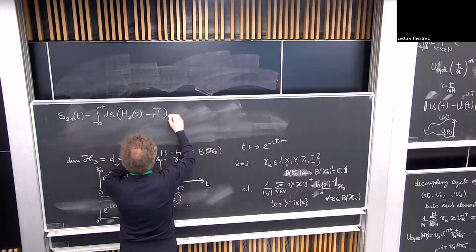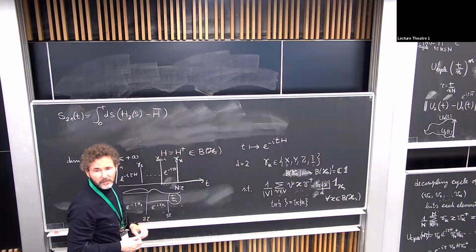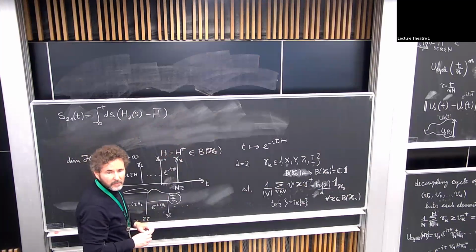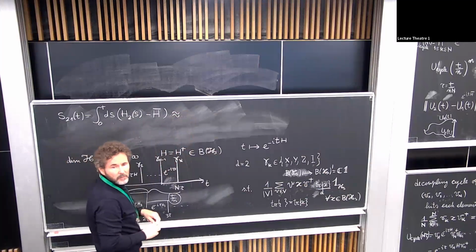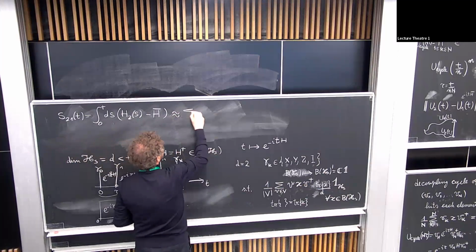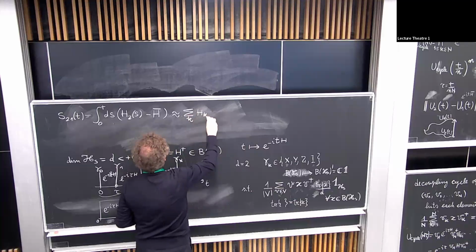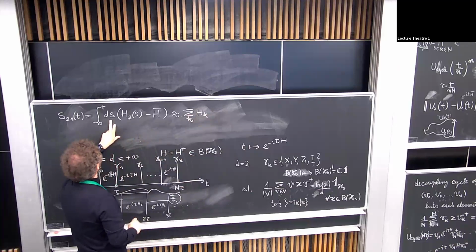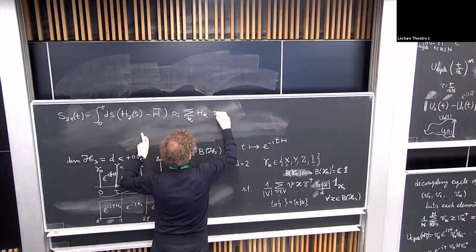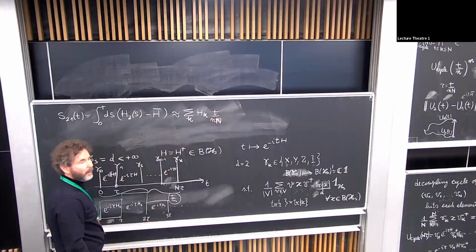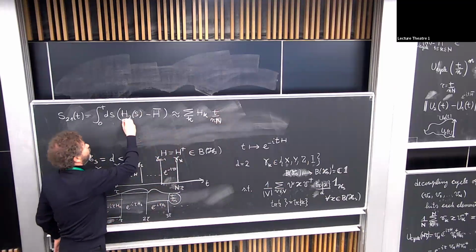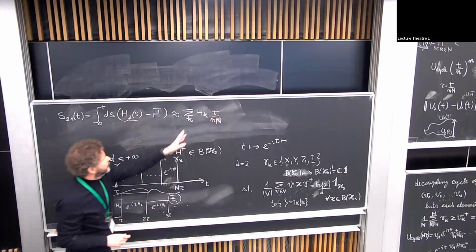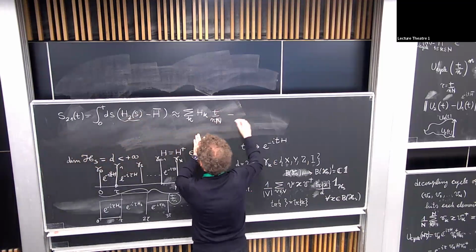So you immediately see that it is just the average: the sum over k of H_k times t over n, minus t times H1.